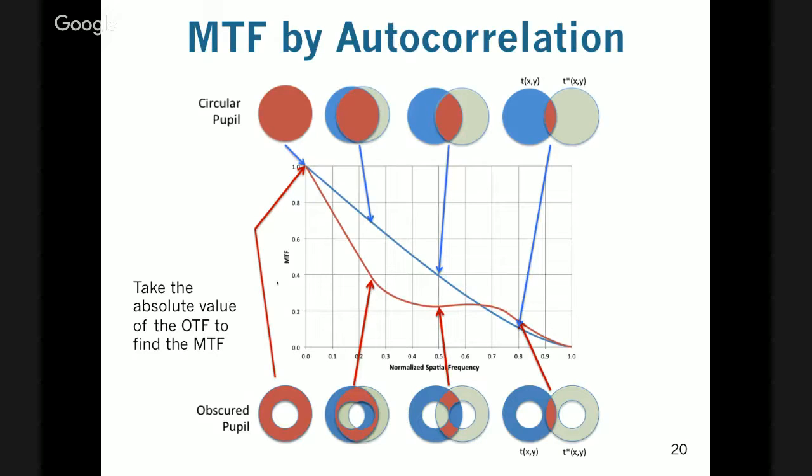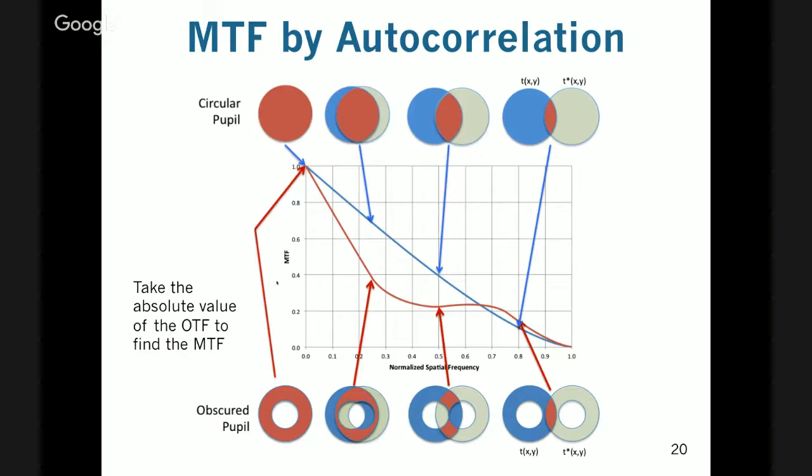And so it turns out that the MTF for an obscured system is a little bit higher than it is for an unobscured system for high spatial frequencies. And it becomes obvious when you look at this method of calculating the MTF how that works and why you get an improvement in contrast transfer at high spatial frequencies when you have an obscured system relative to an unobscured system.